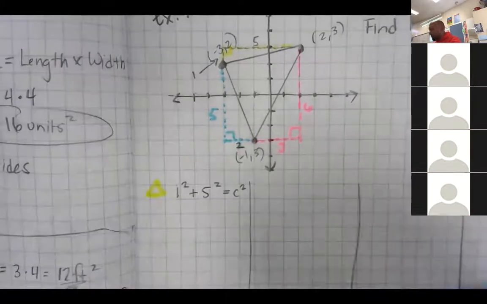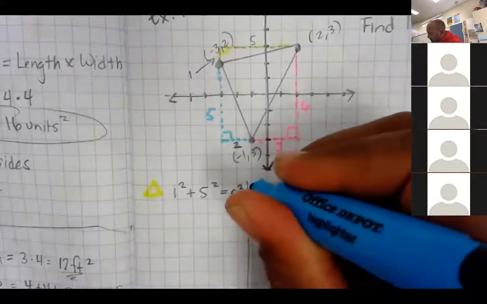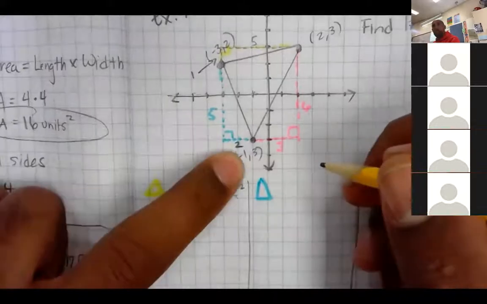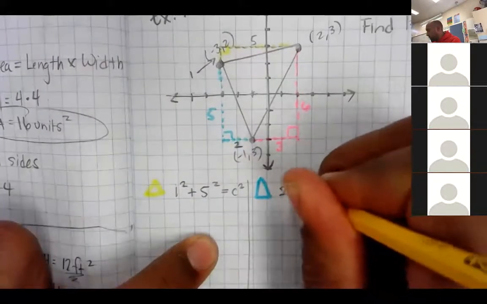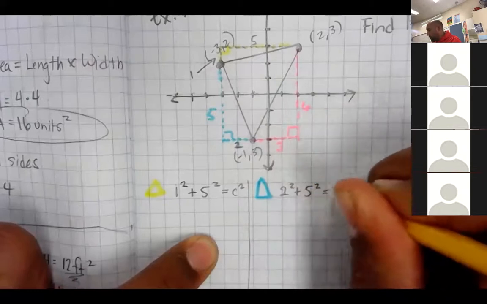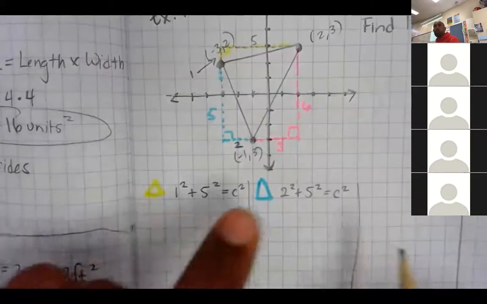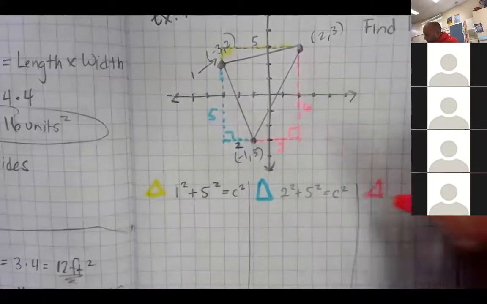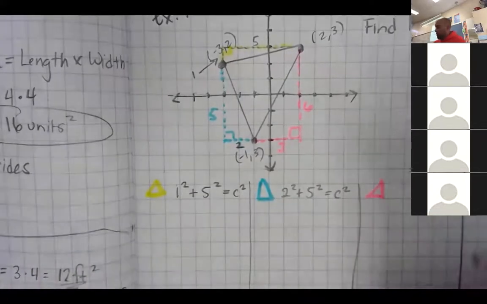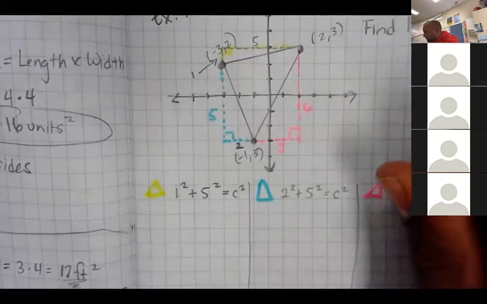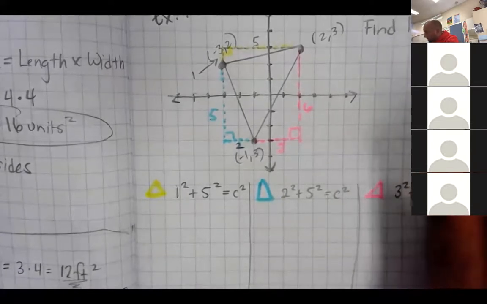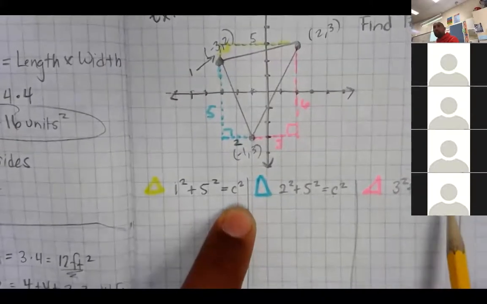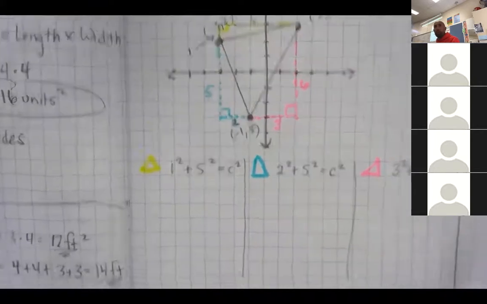For the blue triangle, I take the 2 legs: 2 squared plus 5 squared equals c squared. And the same thing with the pink triangle: 3 squared plus 6 squared equals c squared. So we're looking for those 3 sides, and once we get those, we add them up to find the perimeter.